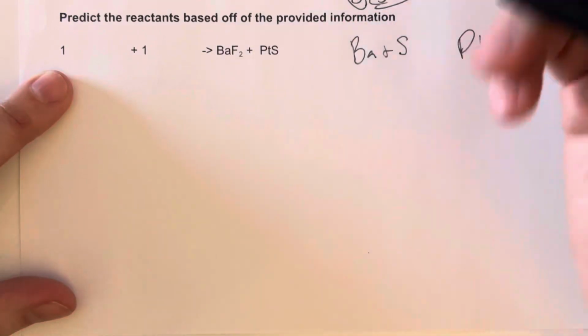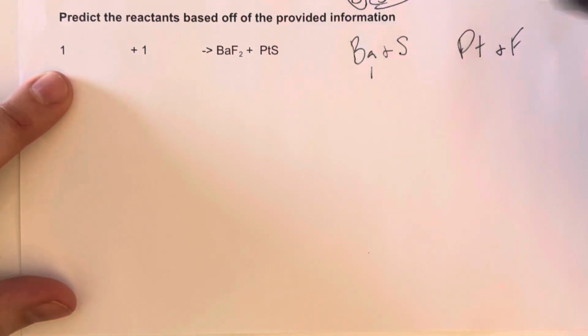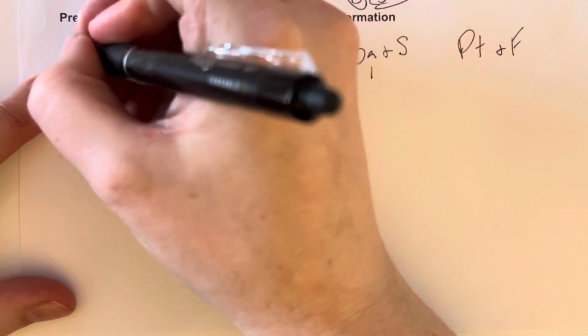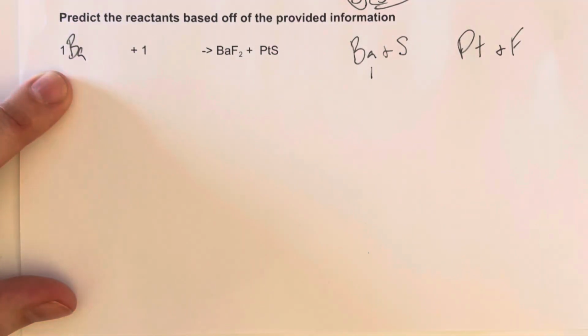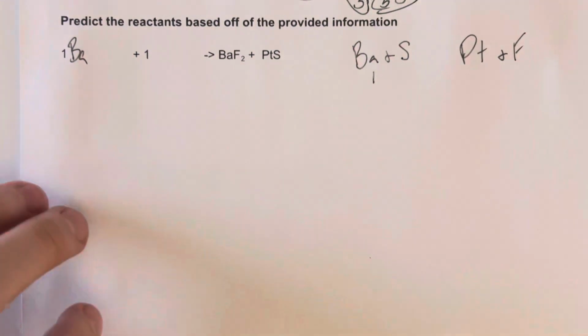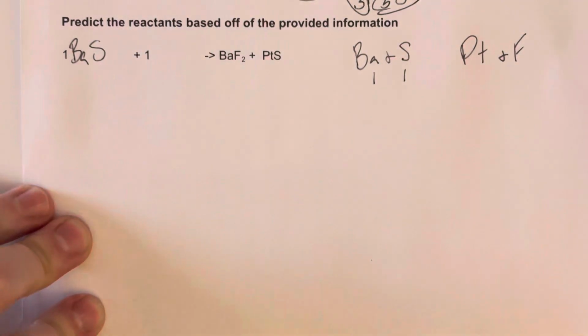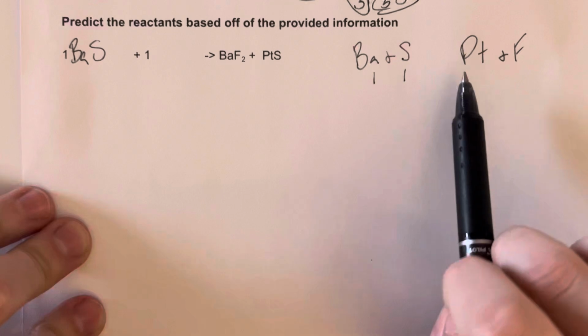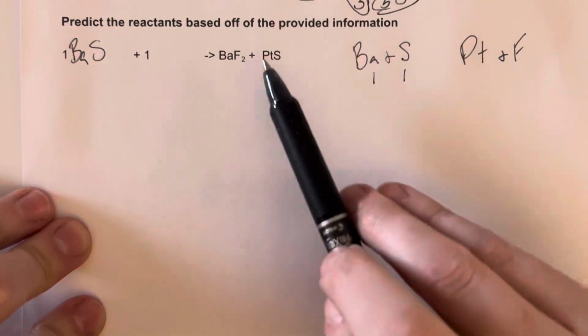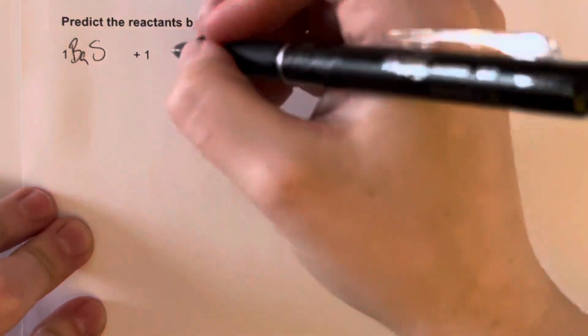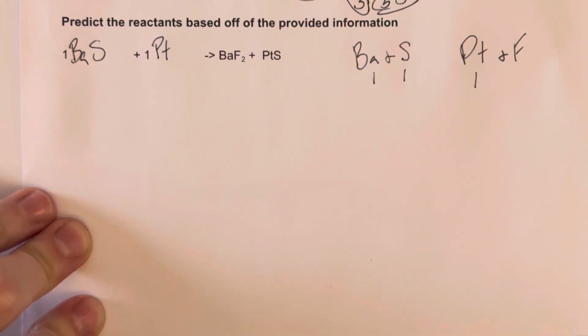So currently on the right-hand side, I only have 1 barium, so that means my answer can only have 1 barium. And I only have 1 sulfur, so for my answer, I can only have 1 sulfur. Then for my second one, for platinum, on the right-hand side, I only have 1, which means on the reactant side, I can also only have 1.